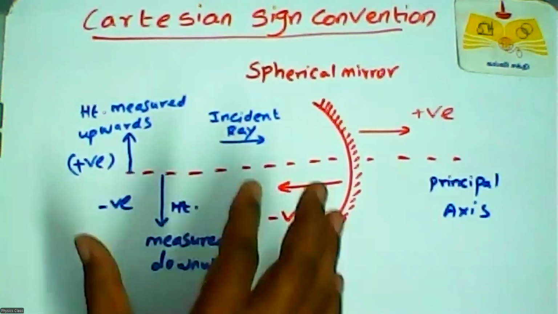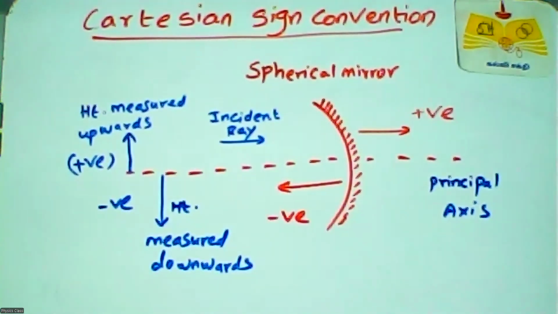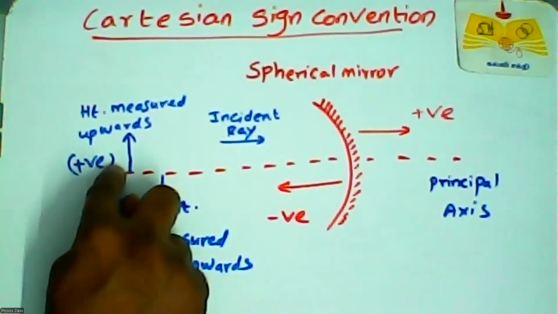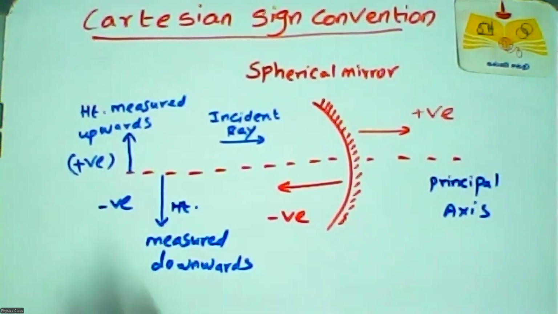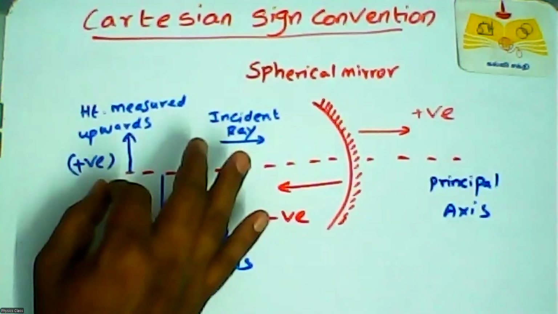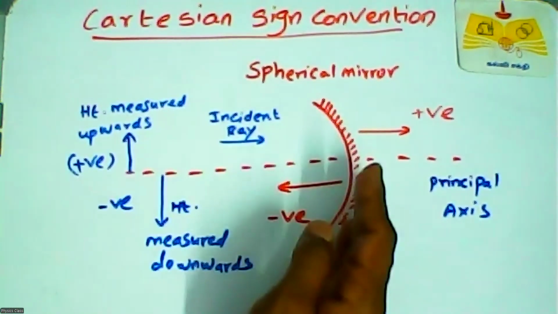And then object distance and image distance. The object is there. Always it is negative because the object is always placed in front of the mirror.